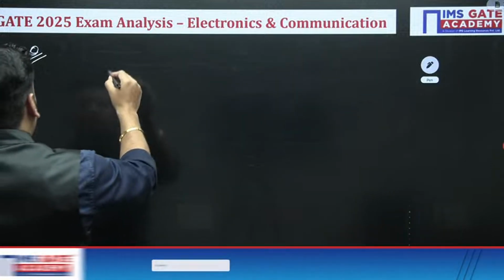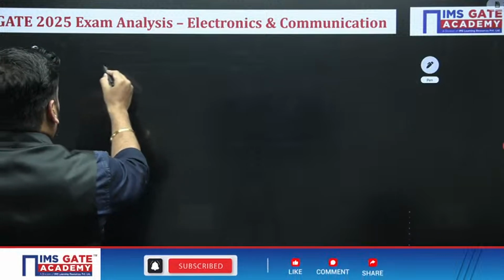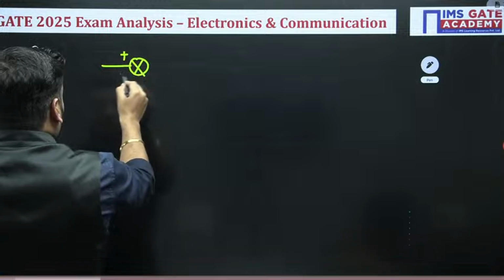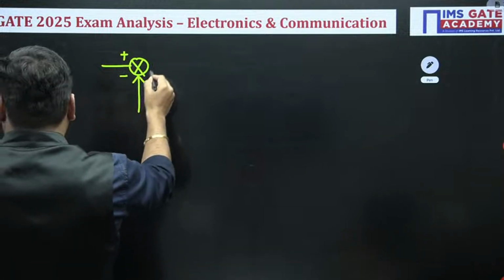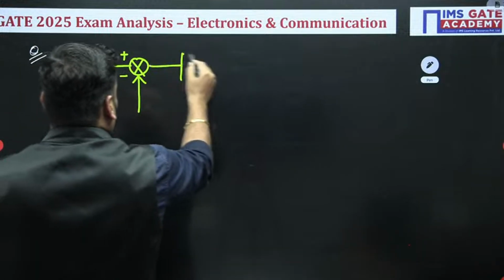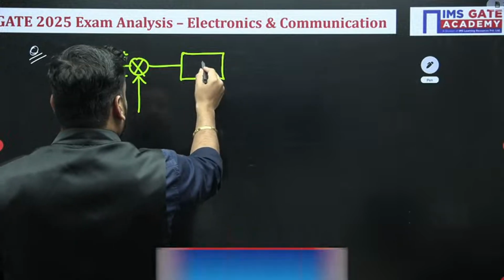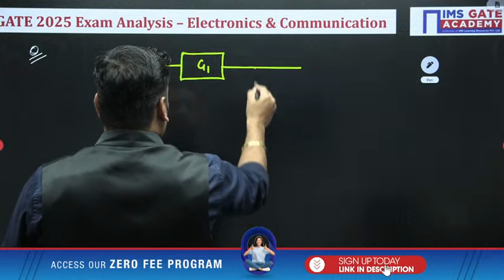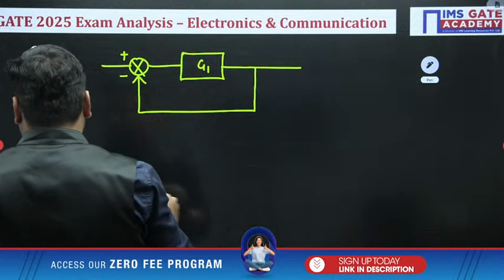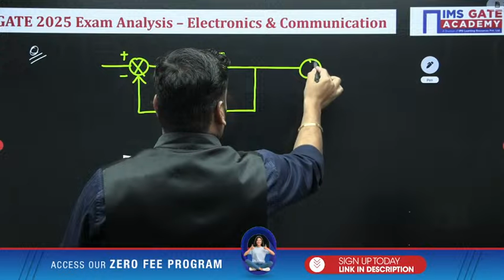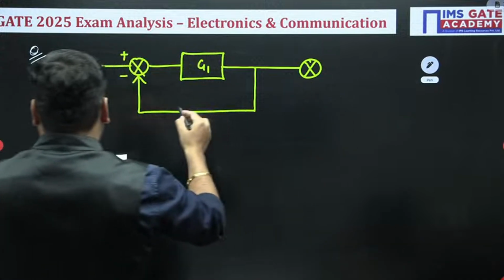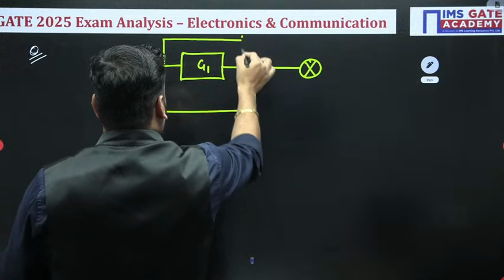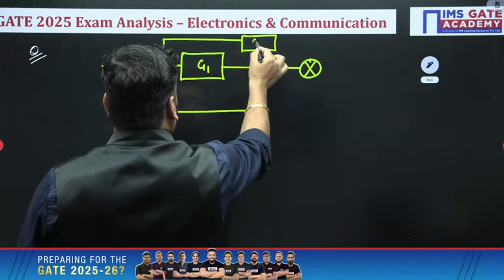And what is the question, guys? A control system is given to you. I am making this diagram, a plus minus control system diagram is given to you. This is G1. And here is again a feedback loop. This is G2.